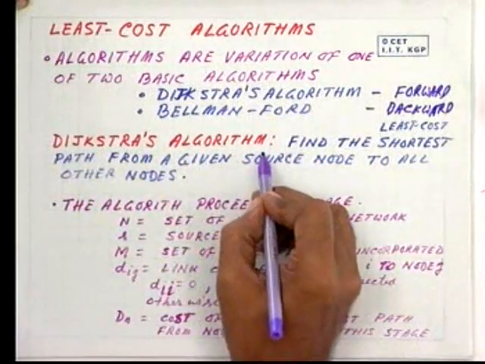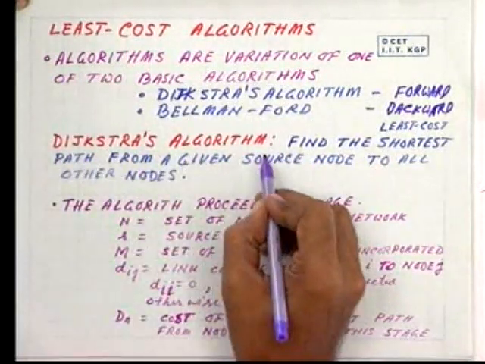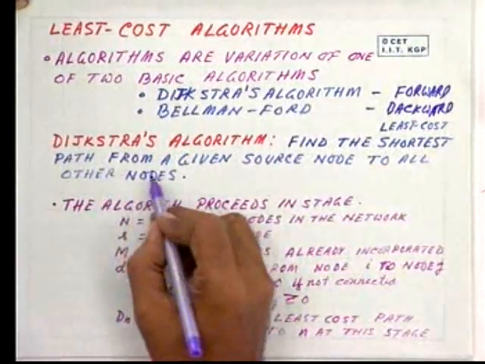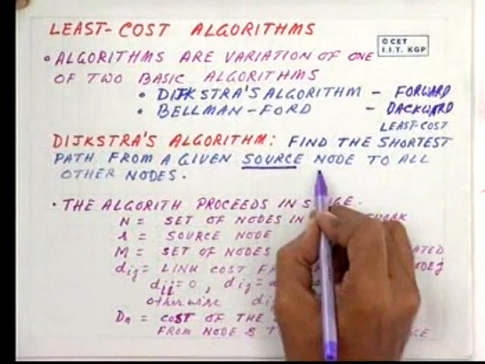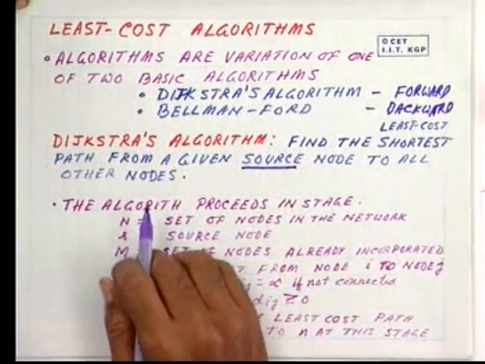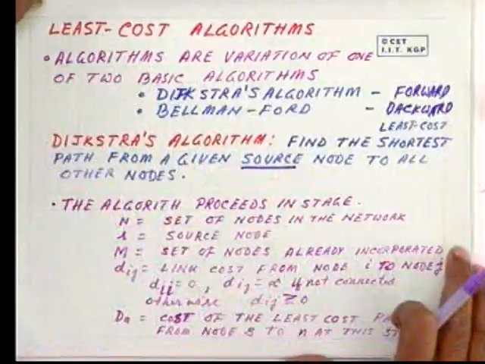The basic idea behind Dijkstra's algorithm is to find the shortest path from a given source node to all other nodes. So in this case, a source node is given, and from that source node, the shortest path is found to all other nodes. The algorithm proceeds in stages. It is an iterative algorithm.